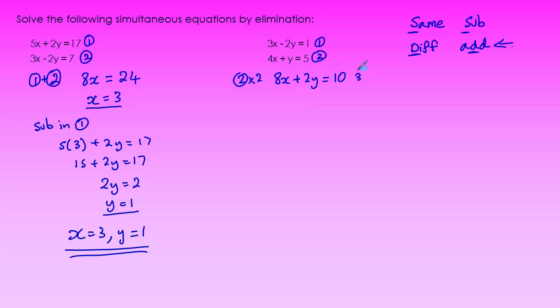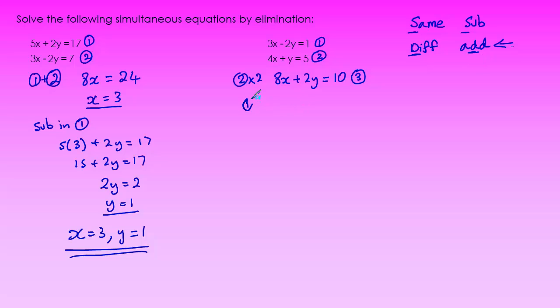Let's call that equation 3. And equation 1 and equation 3 does have the same number of y's. Both equations have 2y. This one is a minus 2y, this is a plus 2y. So once again we're in the different add situation.